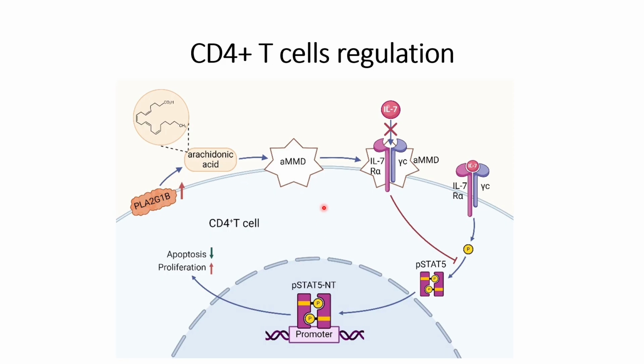In that case there is a continuous activation of the T cells with the presence of IL-7, and it will cause conditions where the immune system might attack the host's normal cells also, or it will cause inflammation that will result in abnormal side reactions. So this is one of the conditions where autoimmune disease can be formed with a problem in PLA2 G1B.